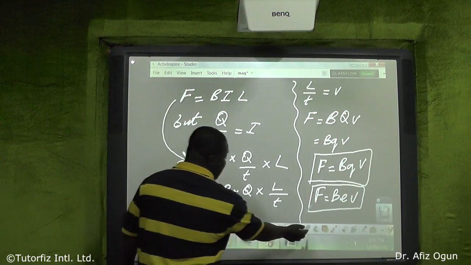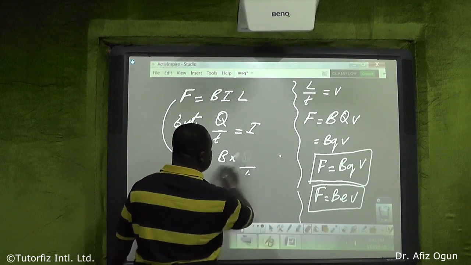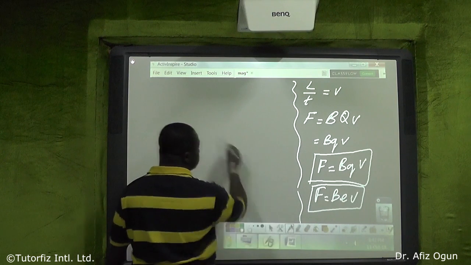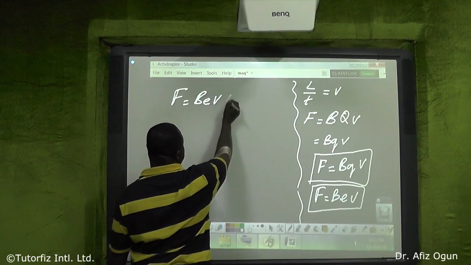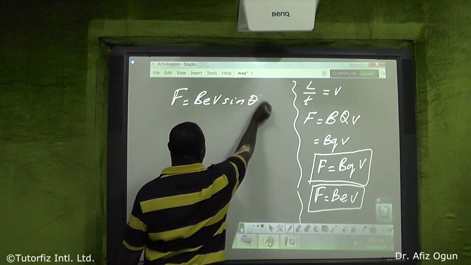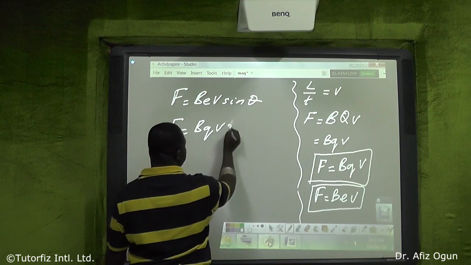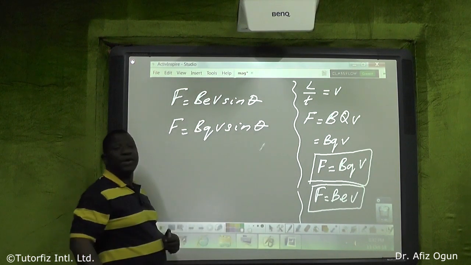Good. Now we can also write for those at angle theta to the horizontal that F equals BeV sine theta, or F equals BQV sine theta. So same thing, we can write that way.